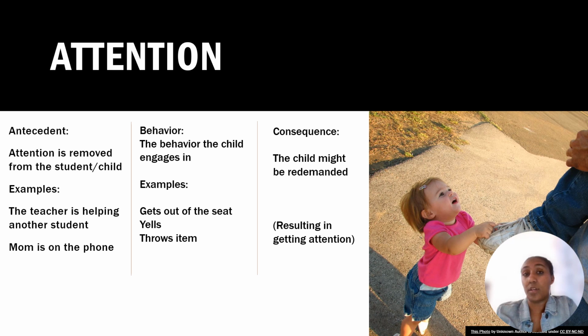They could possibly just start screaming or yelling so mom will get off the phone. That behavior is usually maintained by the consequence of the child getting reprimanded or told to be quiet or to go sit, but unfortunately, that also provides the attention they are seeking.